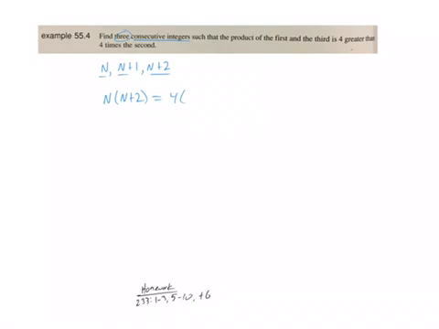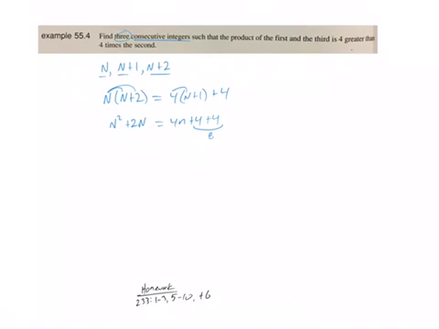So this is 4 times the second, and then 4 greater than that would be plus 4. So now I have an equation from the words, and now I just need to solve that. Let's multiply this in. This is going to be n squared plus 2n, and it's going to equal 4n plus 4 plus 4.